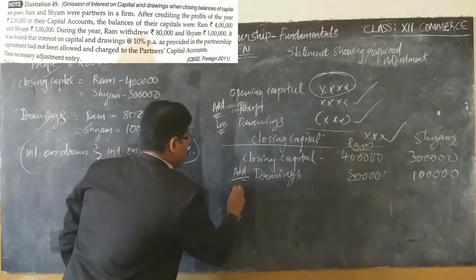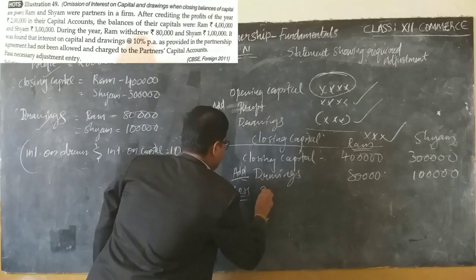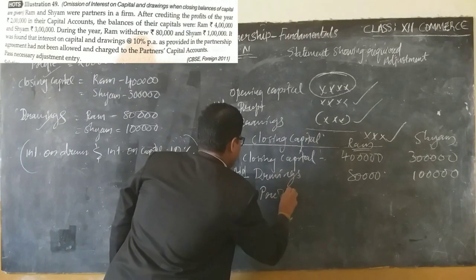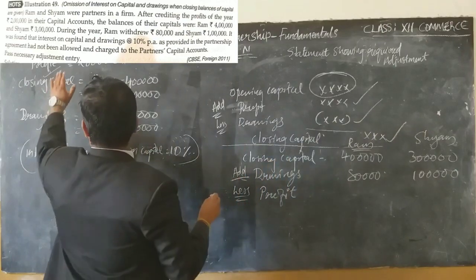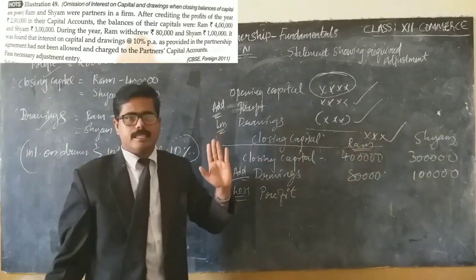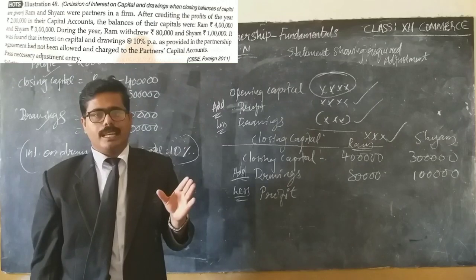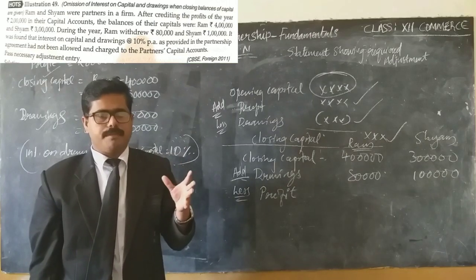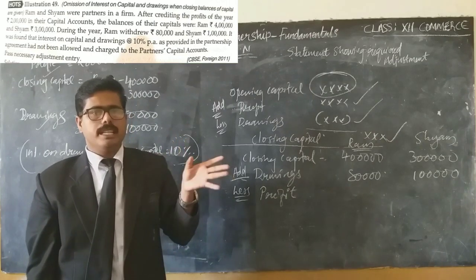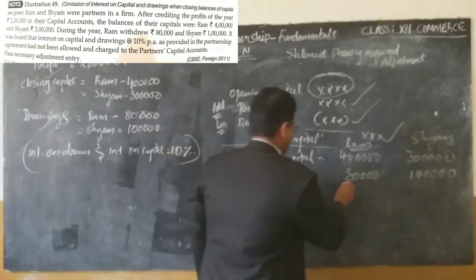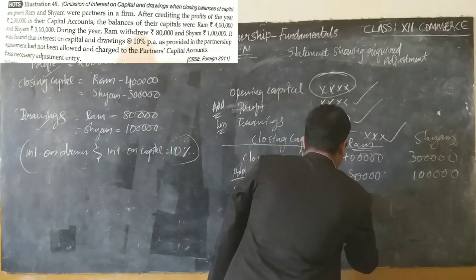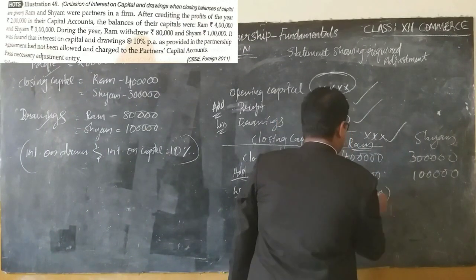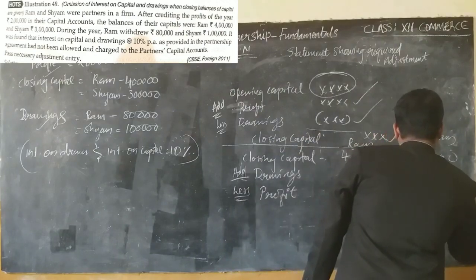Done. And the next one, instead of adding profit, here we will deduct it. Less profit. Profit given is 2 lakh, and the profit sharing ratio is not specified, so we can distribute the profit equally. Here less 1 lakh rupees, and here also 1 lakh rupees.